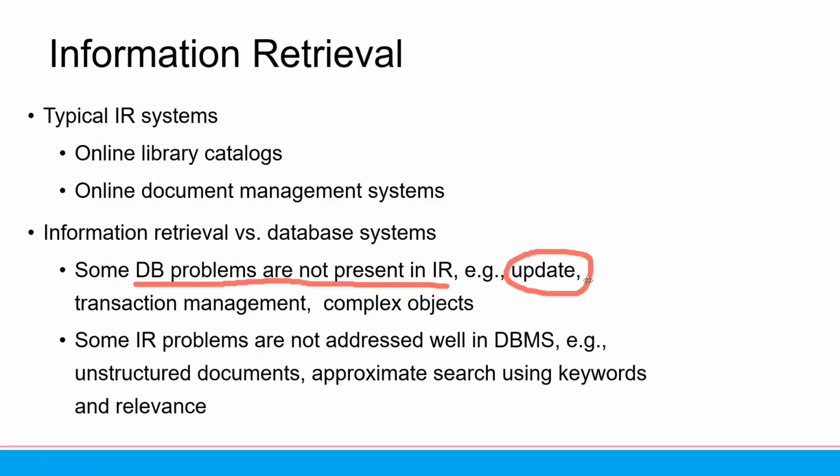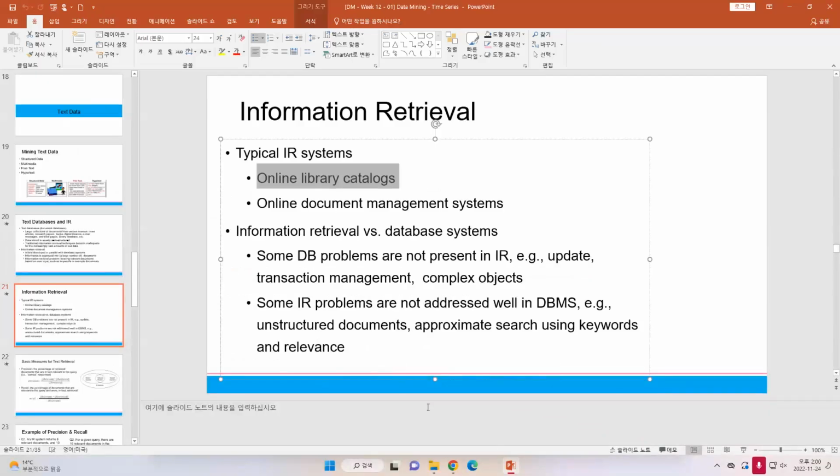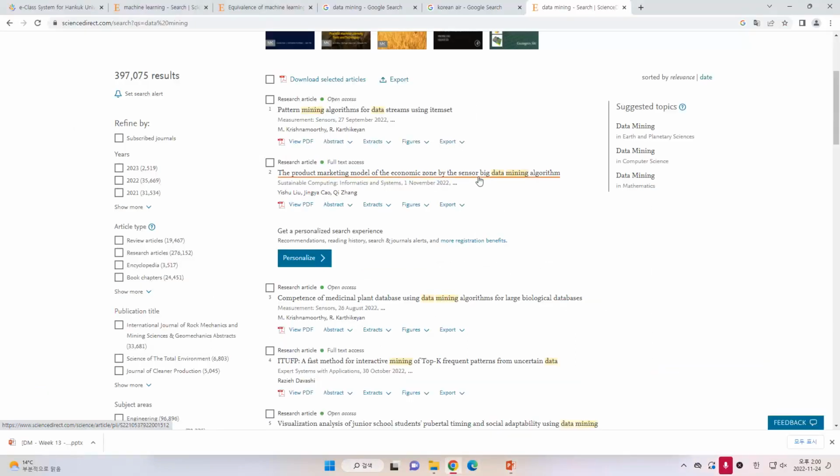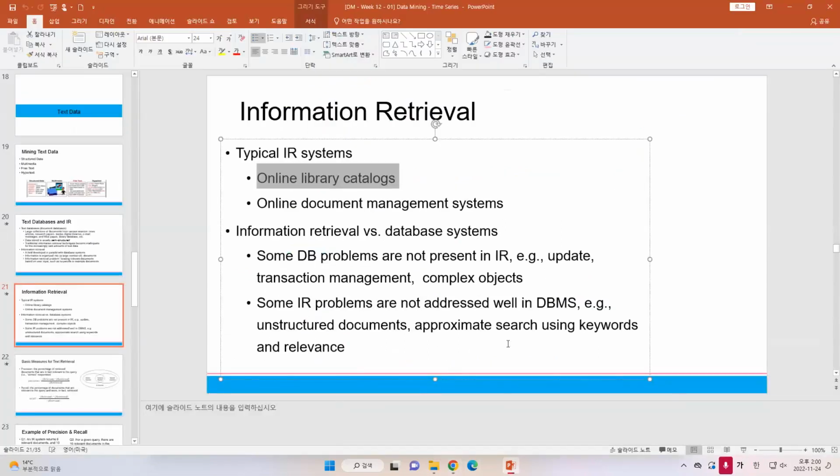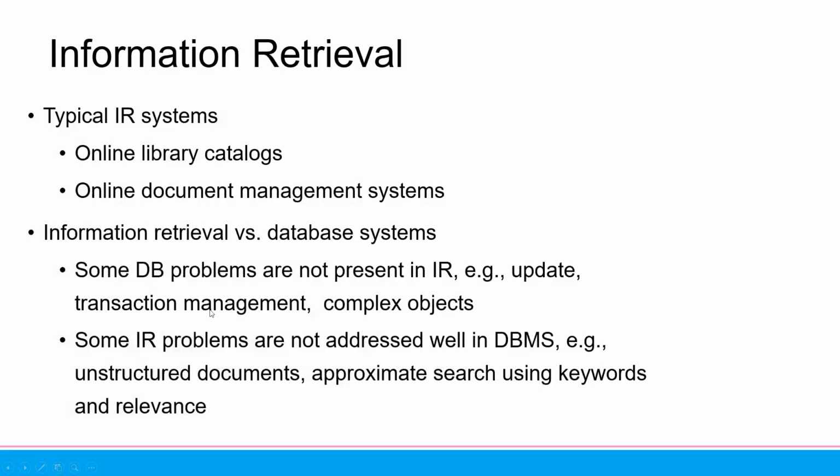Like this one, you already have this document management system. You cannot do any update because you are not the administrator. If you are the user, then of course you cannot do anything. You just have this kind of system. And then there is no transaction management, such as buy or sell.